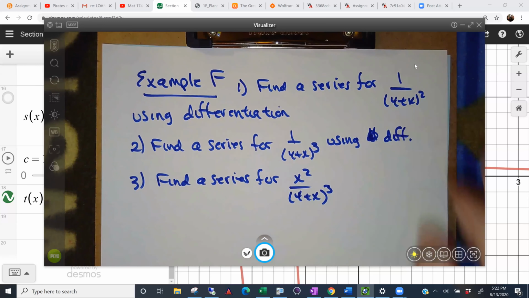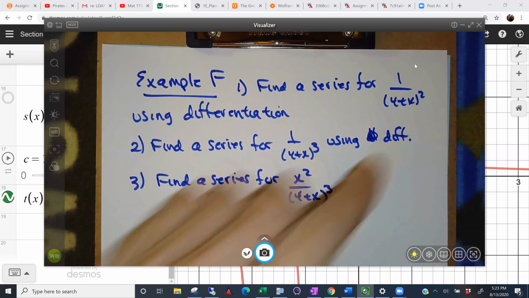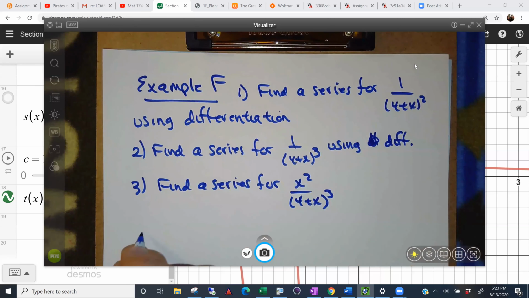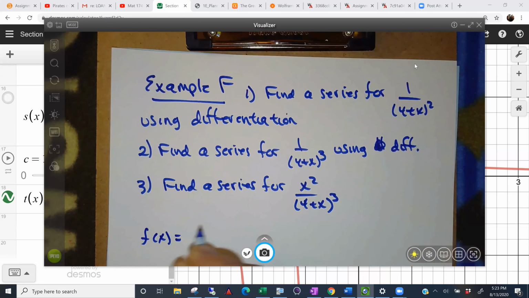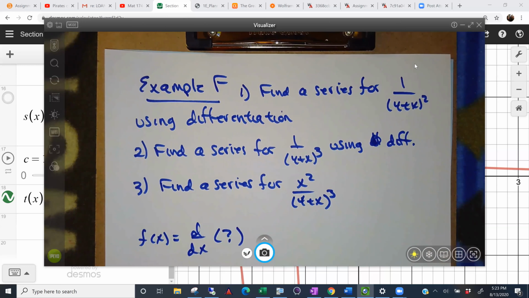Let's start with the first part, find a series for this using differentiation. Now, that one's a little bit tricky. If we wanted to call it f of x, it's going to be the derivative of some function.